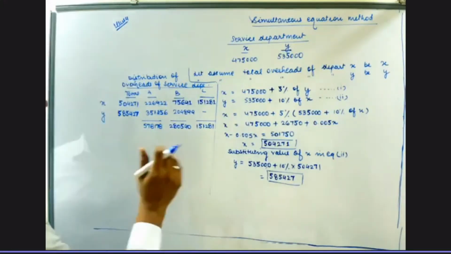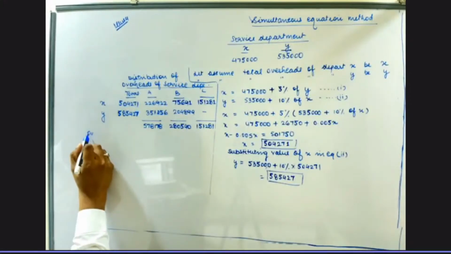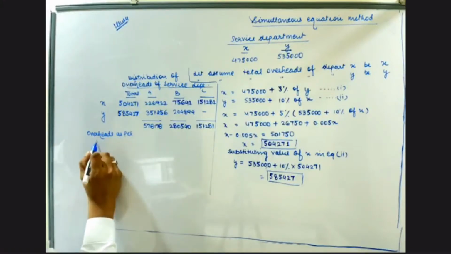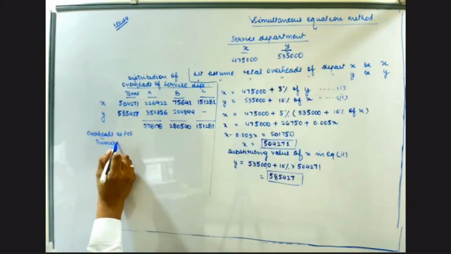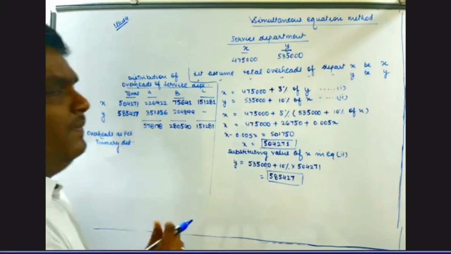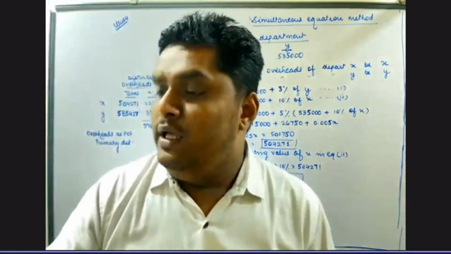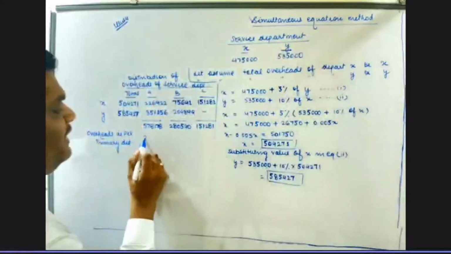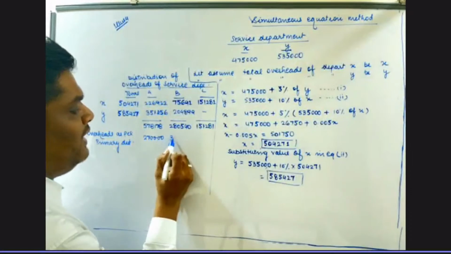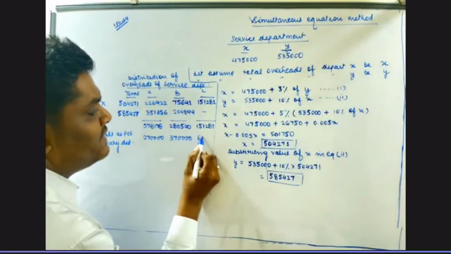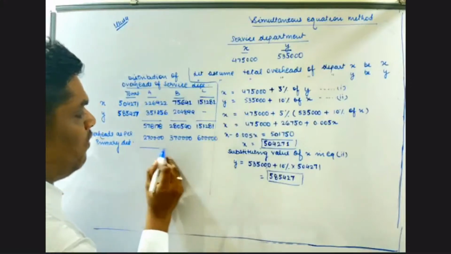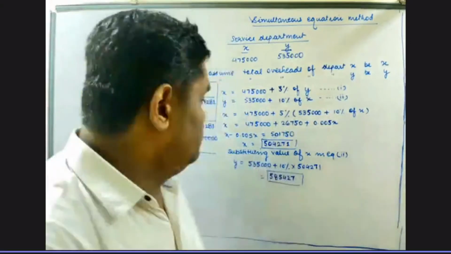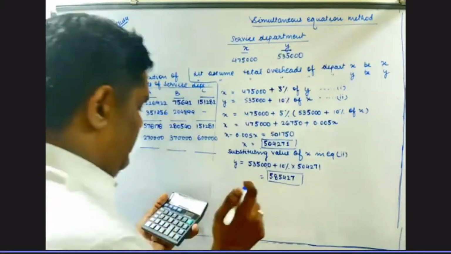Now further, if we add overheads as per primary distribution, we'll get the total overheads of A, B, and C. So overheads as per primary distribution, that is, initially we distributed the overheads among A, B, and C. So the figures were 2,70,000, 3,70,000, and 6 lakh. So 848,178.